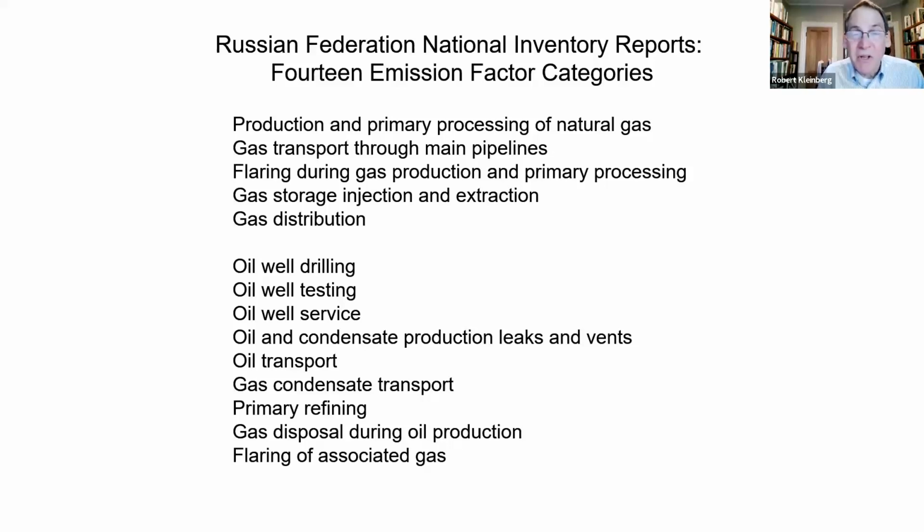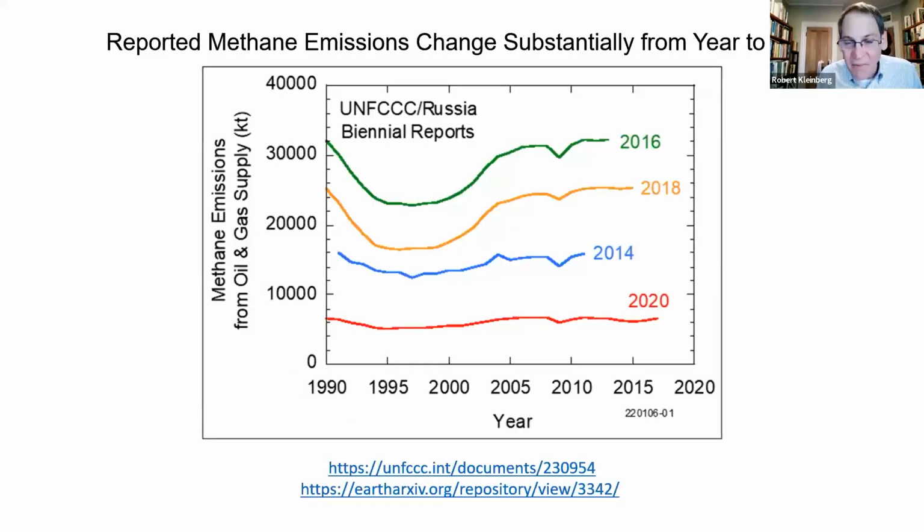Okay, and let's see what the results are for that system. Well, it's not quite as consistent as for the United States. So again, the horizontal axis is years, and each report is shown in a different color: the 2014 report in blue, the 2016 report in green, 2018, 2020.